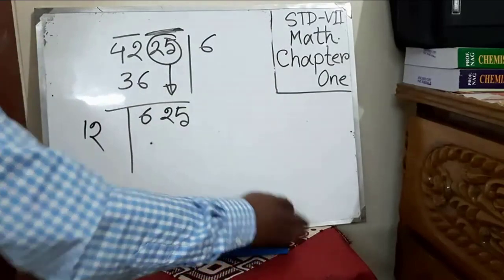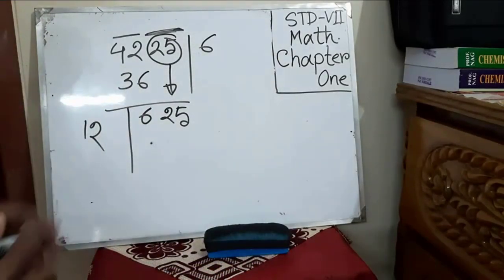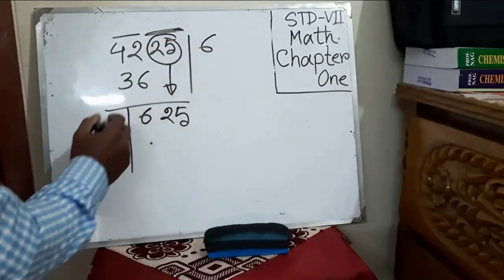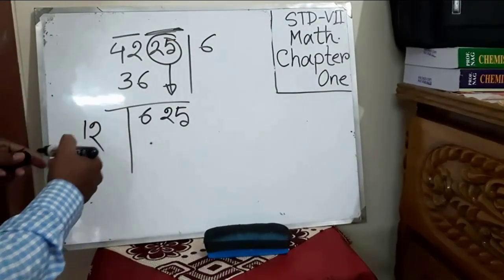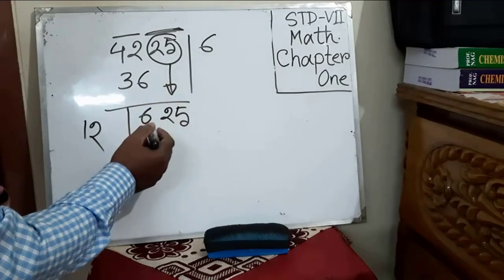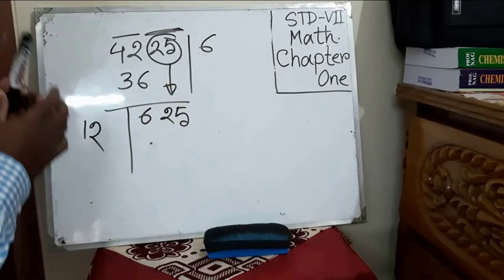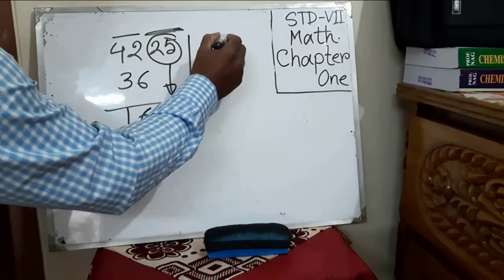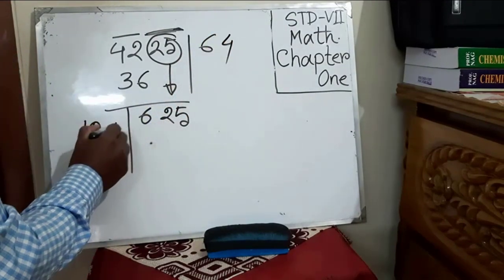So then what will you do? Like the previous math, whatever you write, you will consider. Look, but there is 6, 62. So you will consider a digit that will match. If it is 4, you will write here 4.